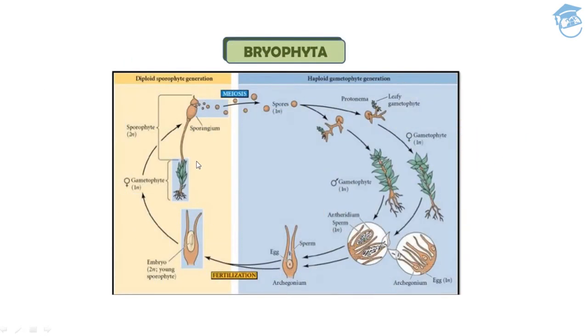See, this is the alternation of generation of Bryophyta. This is the sporangium. The spores undergo meiosis to produce a haploid number of spores.